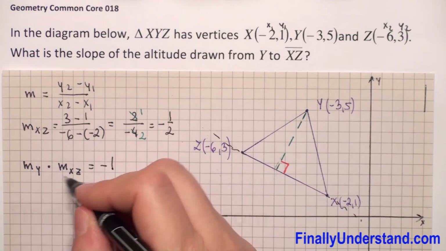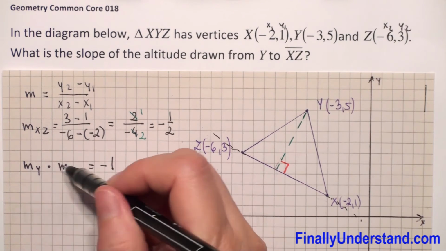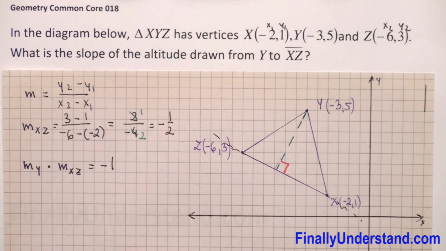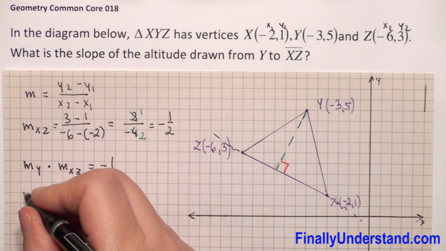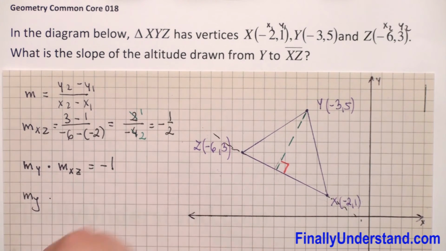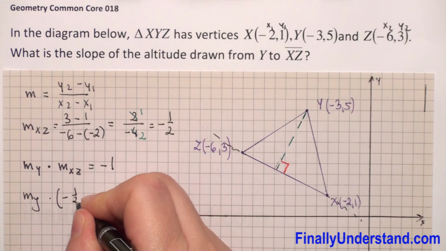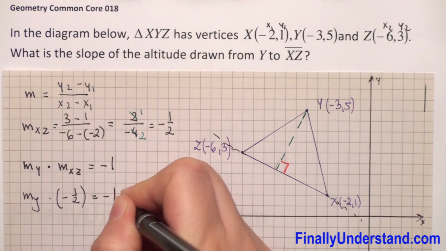This is the formula for two lines which are perpendicular. The m_XZ we calculated is -1/2, so m_Y times -1/2 is equal to -1.